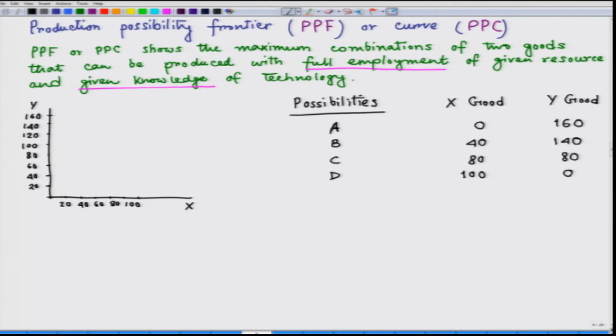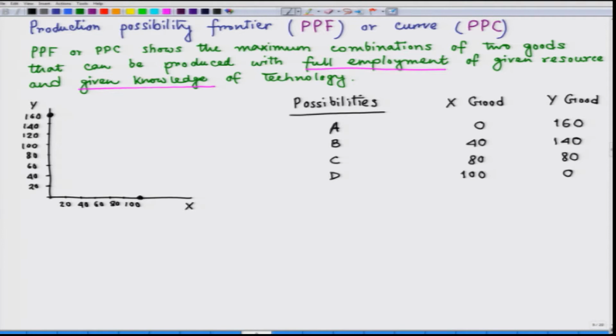So, the first production possibility is the case of A where we are producing 0 unit of the x good, but 160 units of the y good. So, basically we are here. Now, the other extreme is basically the possibility D where the firm produces 100 units of good x, but 0 units of good y.